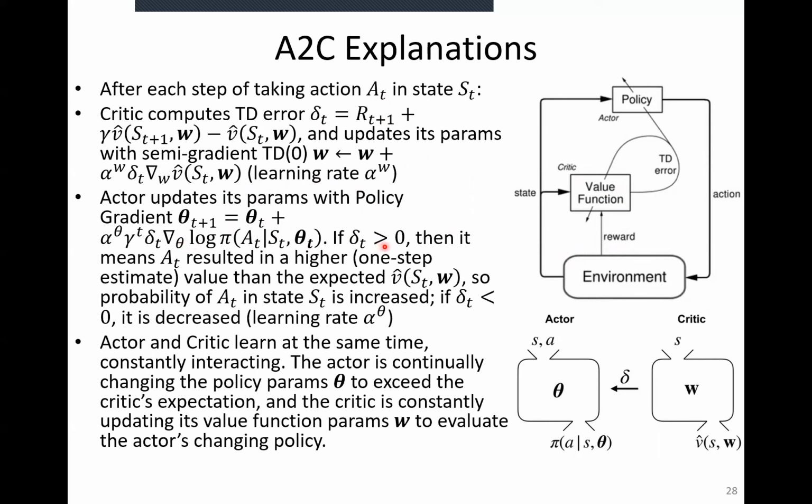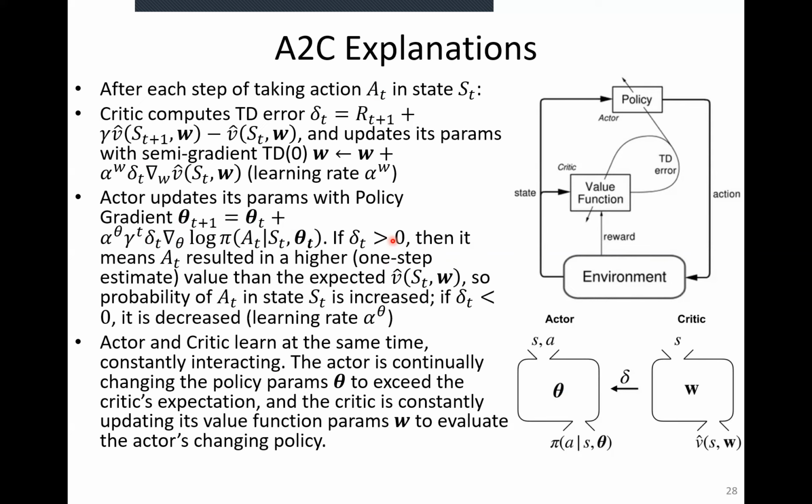So if delta t, the TD error, is positive, then it means that AT resulted in a higher one-step estimate of the value than the expected V hat. So the probability of AT in state ST is increased.